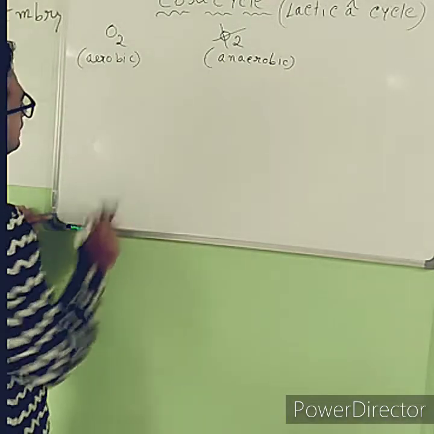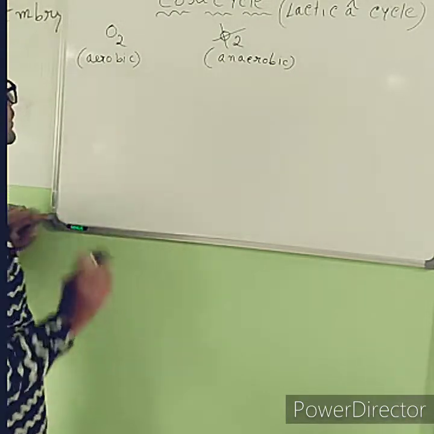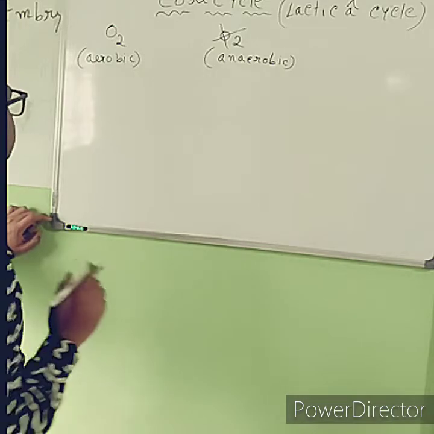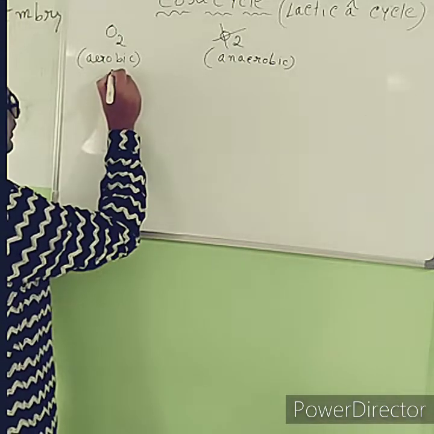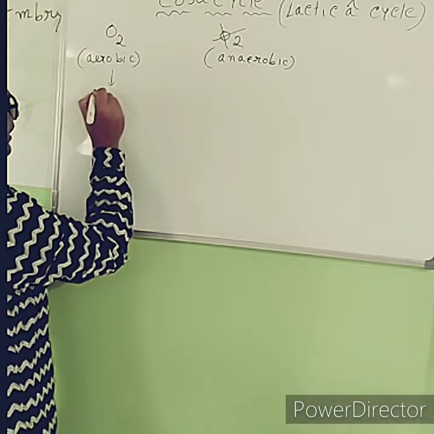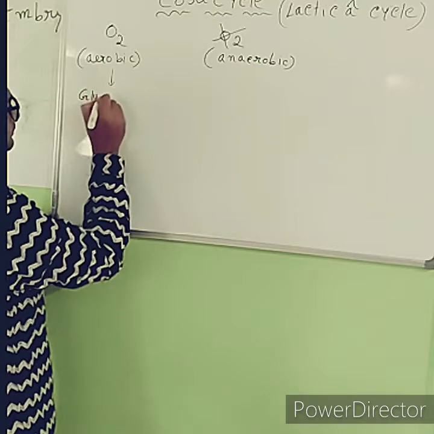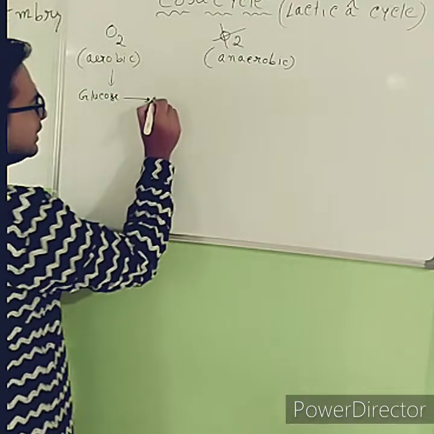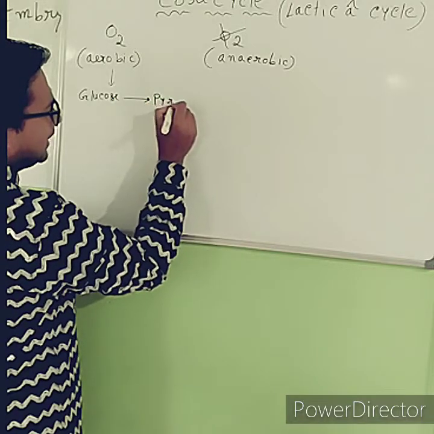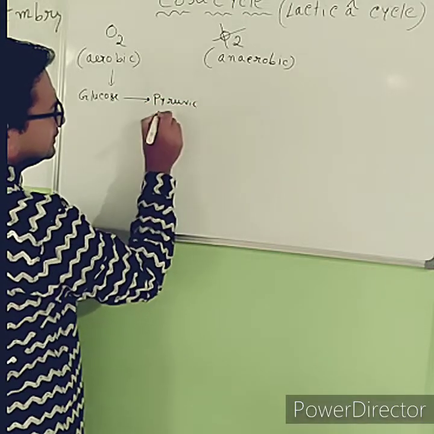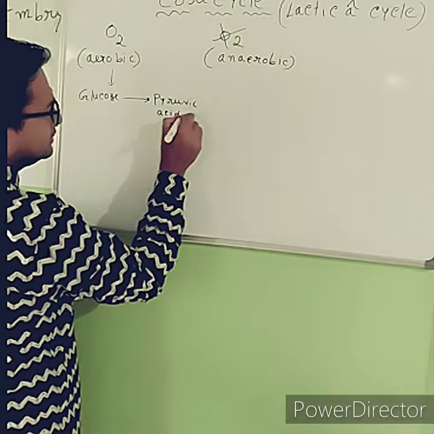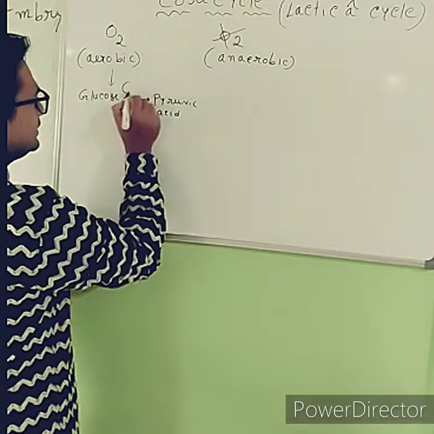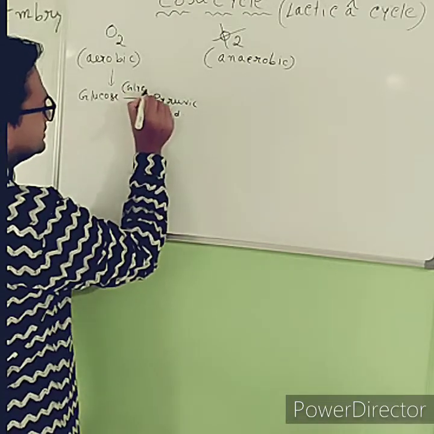In general, in a cell in presence of oxygen, the glucose is converted to pyruvic acid. You know that it is glycolysis.